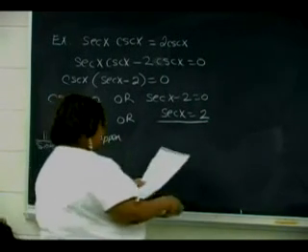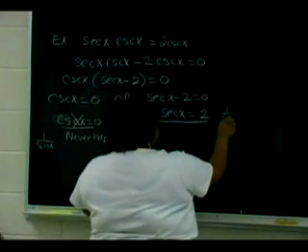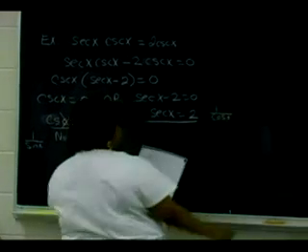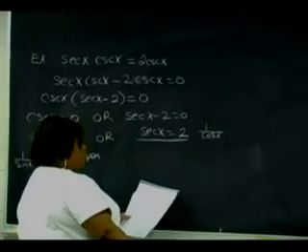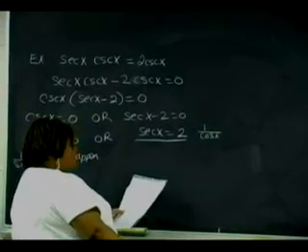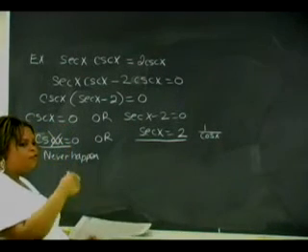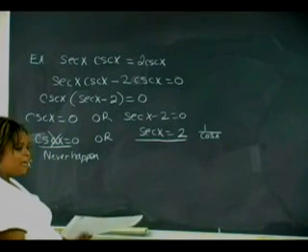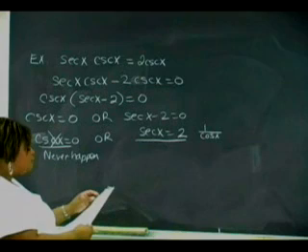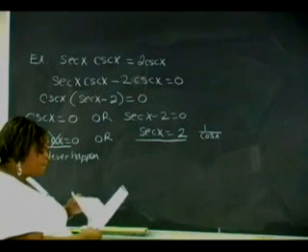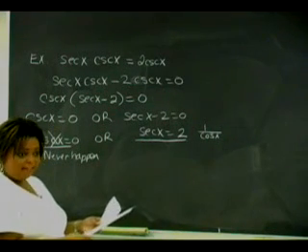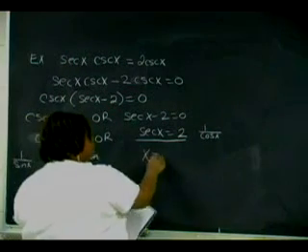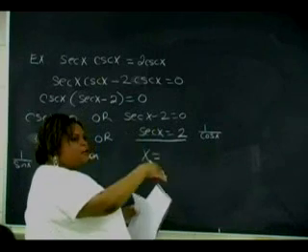What is secant? 1 over cosine. Okay? So I need to find values where 1 over cosine gives me 2. And when will 1 over cosine give me 2? When cosine is what? 1/2. So what values give me cosine value 1/2 between 0 and 2 pi?